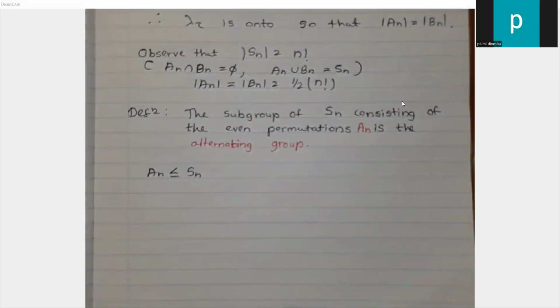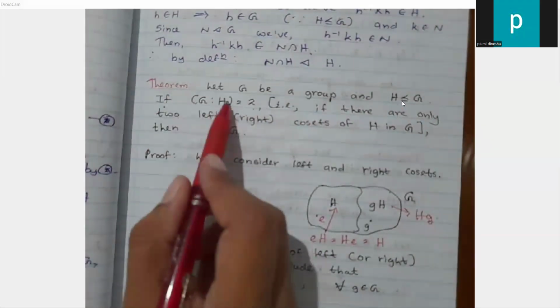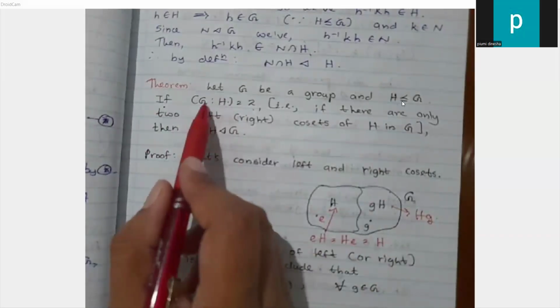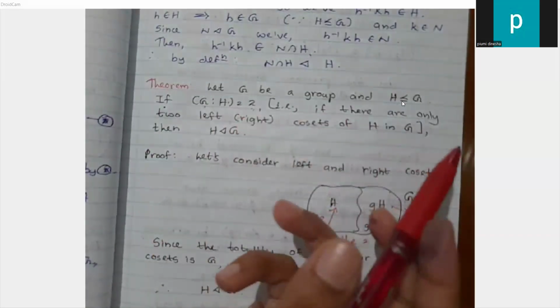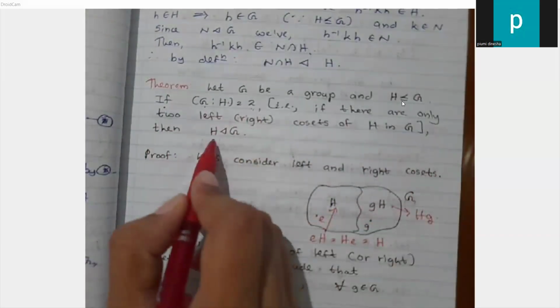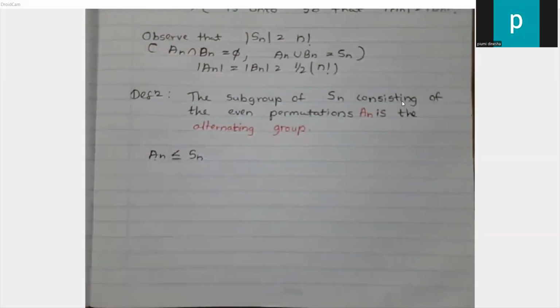And if you go back to this theorem that we did last time: let G be a group, H a subgroup of G. If the number of distinct left cosets of H in G is 2, if there are only 2 left cosets of H in G, then H must be normal in G. So now, what we are going to do is see the number of left cosets of An in Sn.